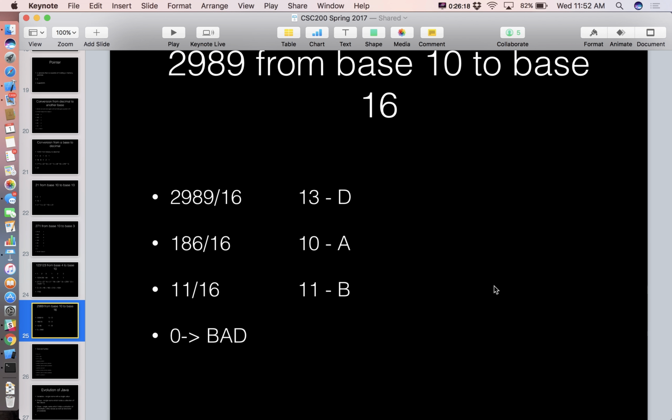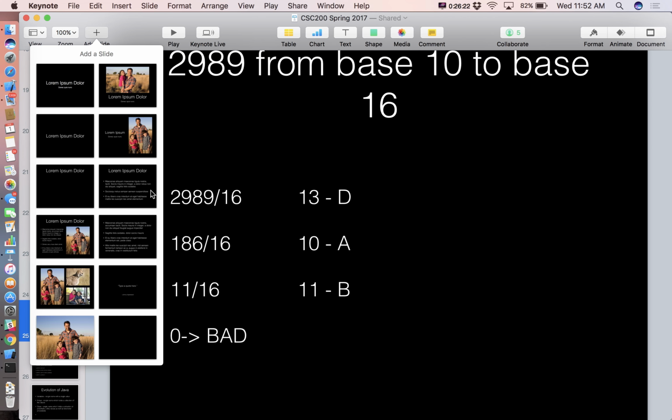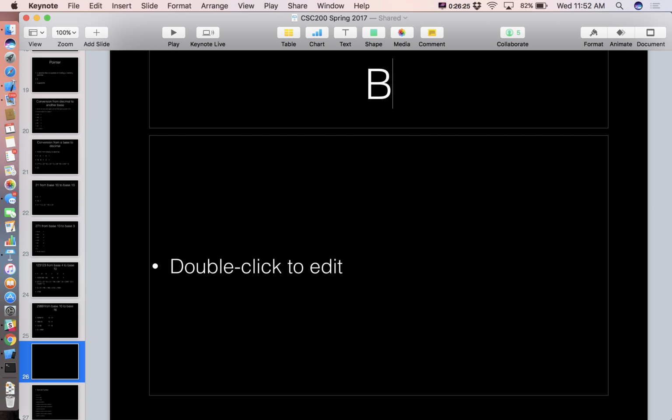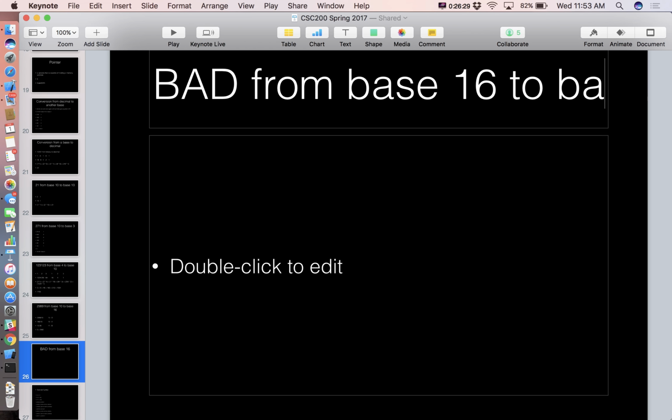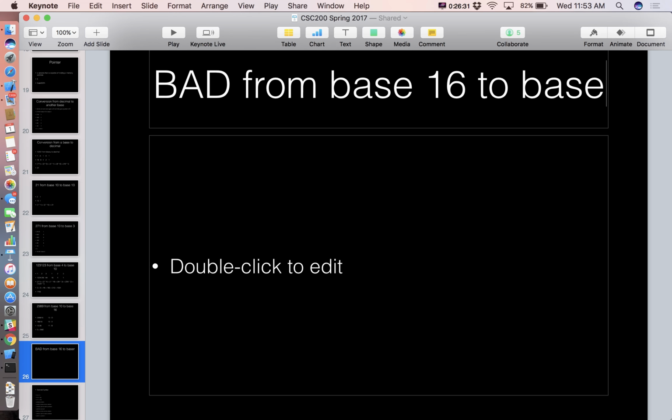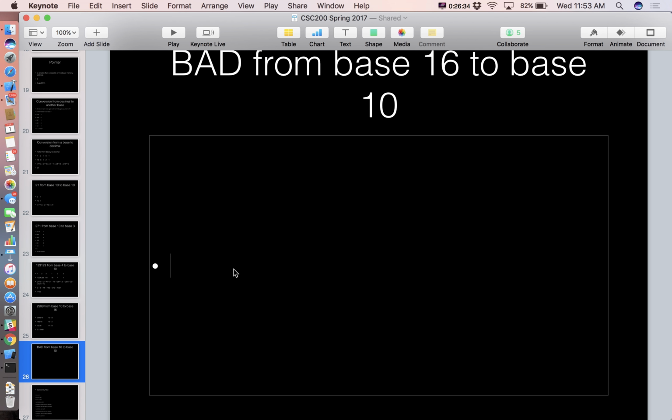Now, having said that, first of all, do we get the thing here, BAD? And if we went back the other direction, if I said BAD from base 16 to base 10, we would do the other pattern where we have B, A, D. This is the 256s place, this is the 16s place, this is the 1s place.